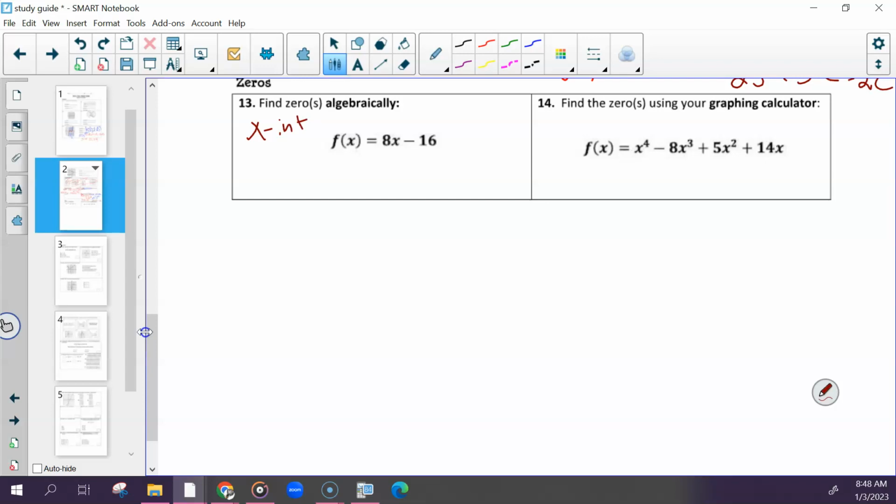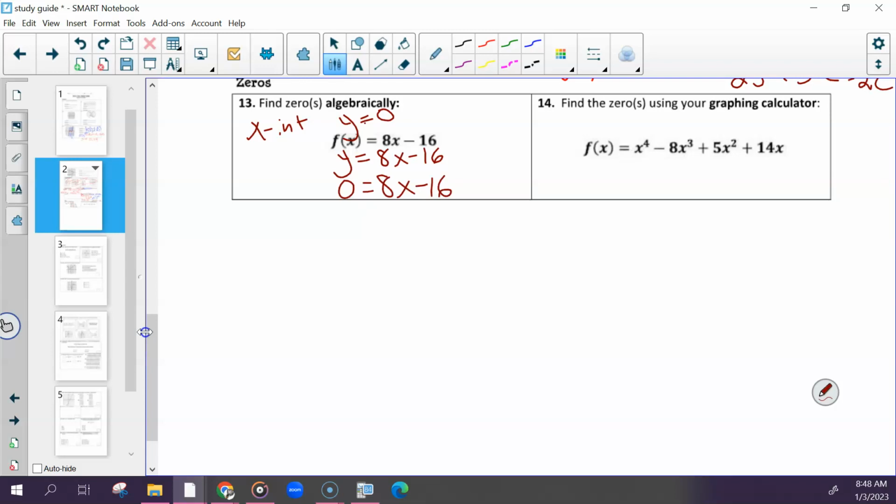When you're done with this question, can you go back up? Yes, I will do that. Our y has to be 0. Remember that f of x and y are the same thing. So you can change this to a y and then put 0 in place of it. And then we're just solving for x.